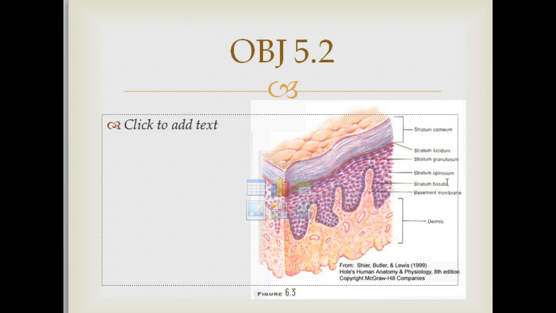Stratum spinosum is where we're going to see the keratinocytes. We'll also find the Langerhans cells here and the melanocytes. And of course, the stratum basale, as you can see, is very close to the basement membrane, which is where we're going to find our basal cells. And remember, your basal cells are pretty much your stem cells, so they can differentiate to many different things.